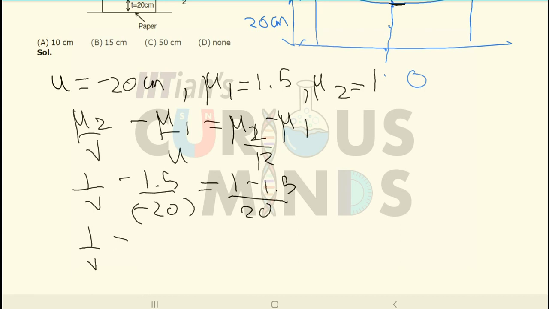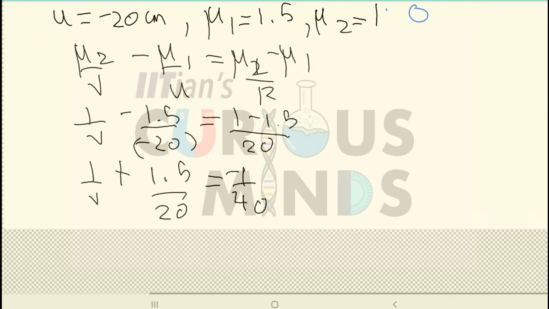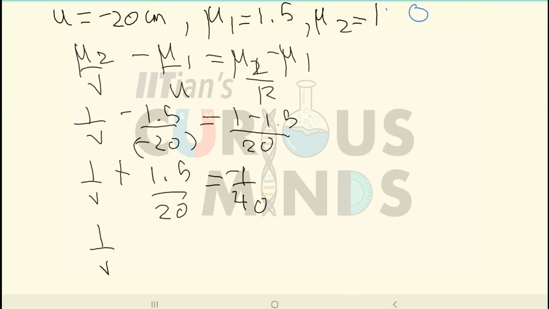So first I will simplify this part. It will be equal to 1.5 divided by 20 minus 0.5 divided by 20, which is equal to negative 1 by 40. So basically 1 by v is equal to negative 1 by 40, negative 1.5 divided by 20.